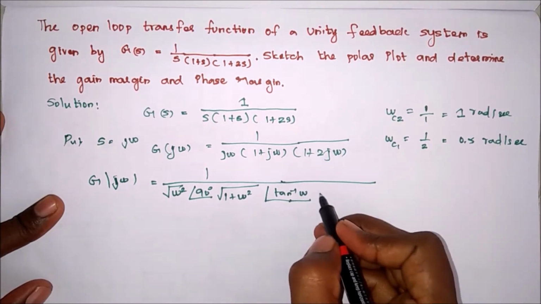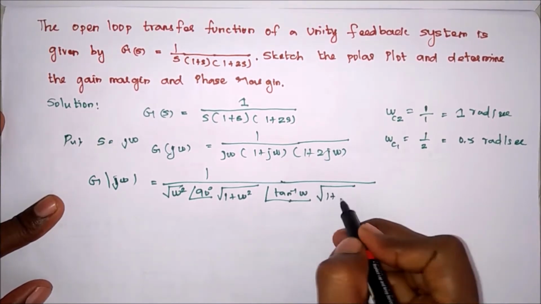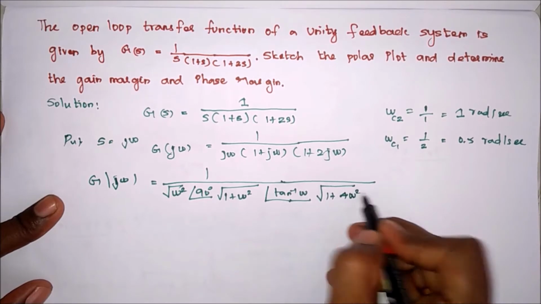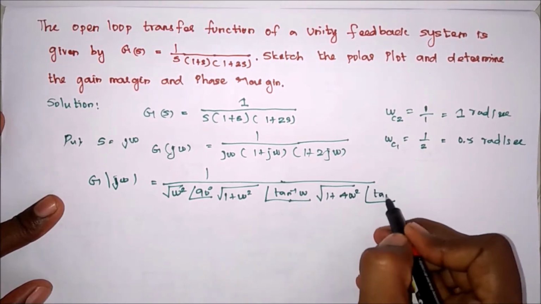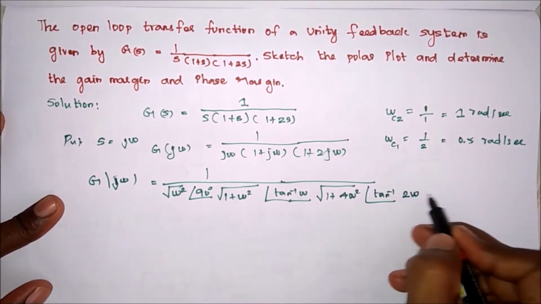For the third term, the magnitude is the square root of 1 plus 4ω², and the angle equals tan inverse of 2ω.